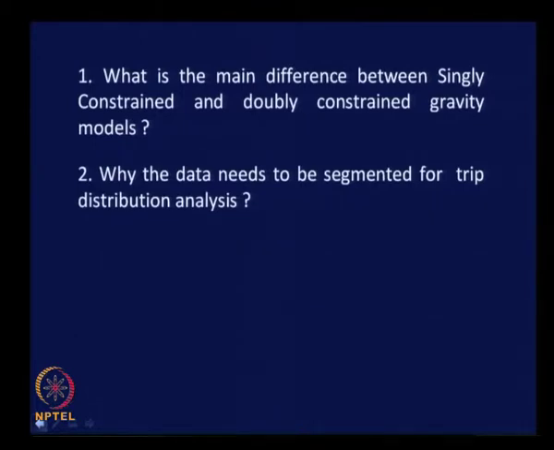Please remember, when we collect trip distribution data for the base year condition, we will have information about distribution of trips from one zone to all other zones, irrespective of the distance involved, irrespective of the mode used, irrespective of the purpose for which the trips are made.